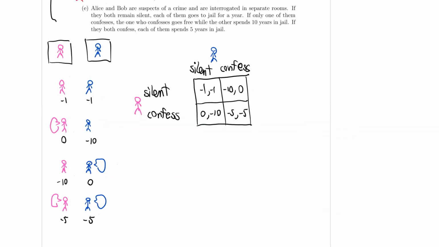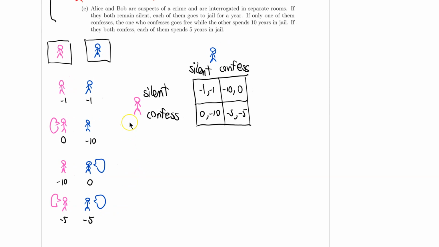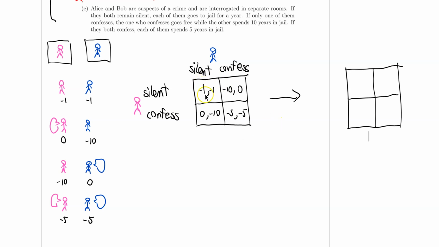Now, let me also say that when you look at a game theory textbook, sometimes they write this table a little differently. Let me rewrite that here. Sometimes instead of writing the payoffs as a number pair, they write them in triangular cells, like this. So Alice has the option to remain silent or confess. Bob can choose silent or confess.